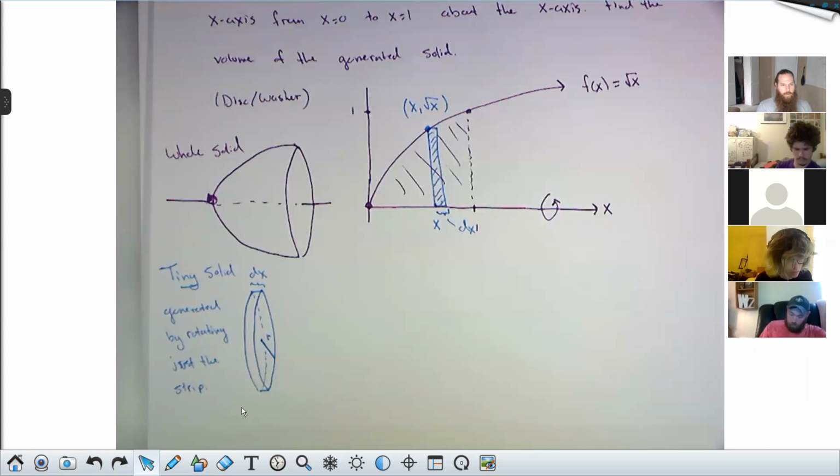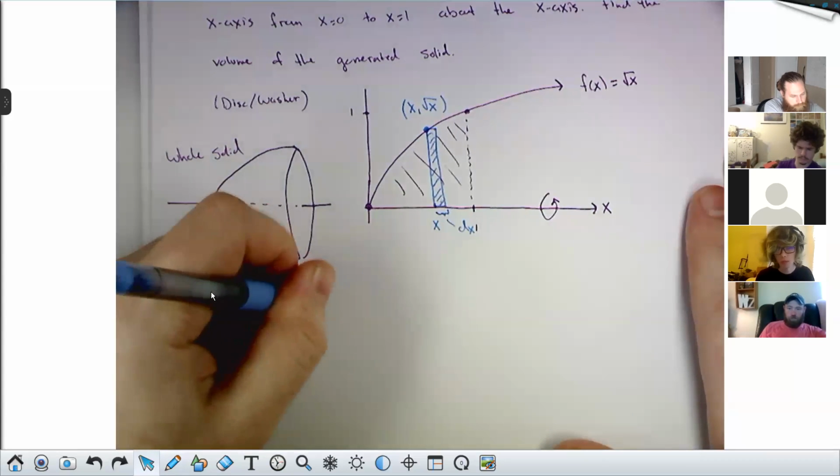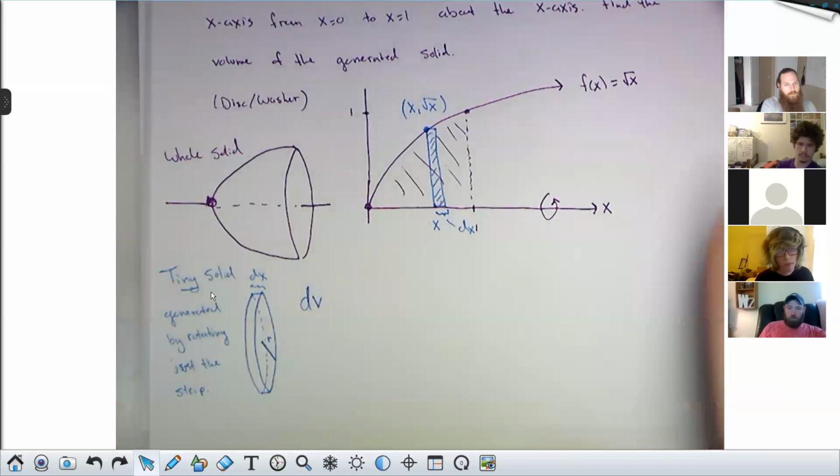So if I want to figure out the volume of this whole solid, the way I'm going to do that is by finding the volume of this little disk and then adding all of those up, because you can think of this solid as being infinitely many, infinitely thin disks like this stacked on top of each other. The way you add something up over a continuum is with an integral. So the tiny solid here has a tiny volume, which I will call dV.